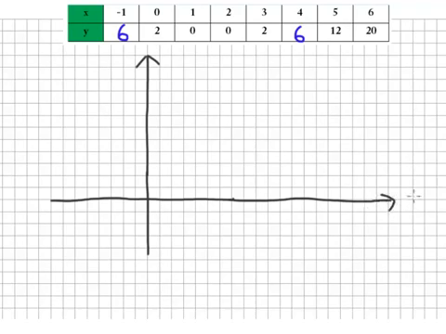So this is the x-axis and this is the y-axis. And we need to put in the scale. Let's say I will have 2 units for 1, so 1, 2, 3, 4, 5, and 6. And of course we have -1, -2, and so on. This is 0.